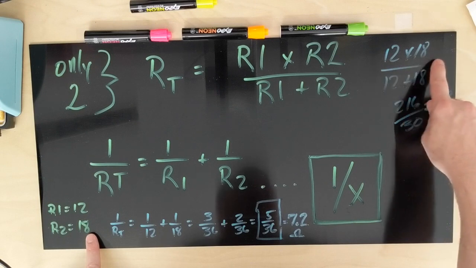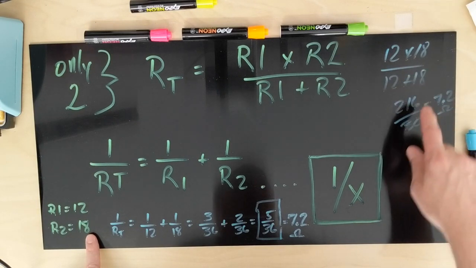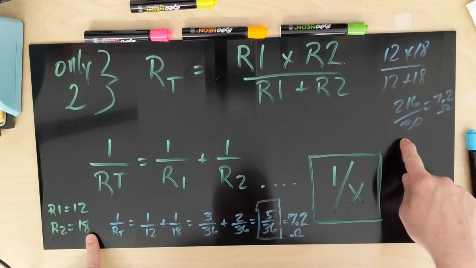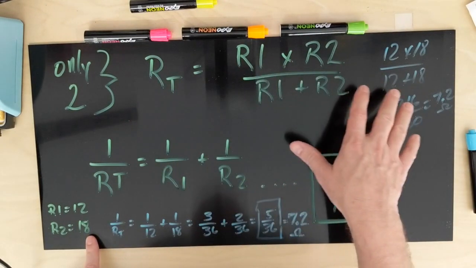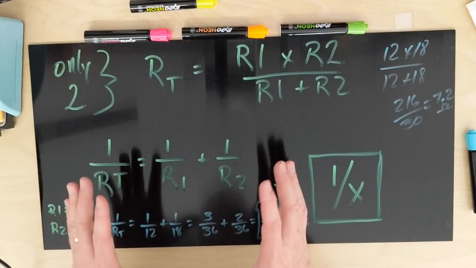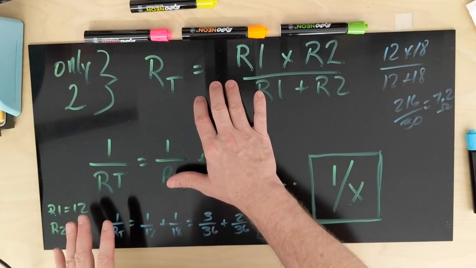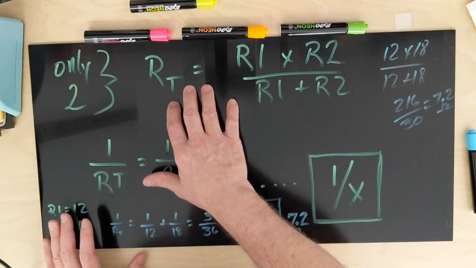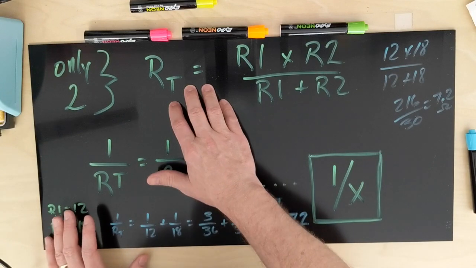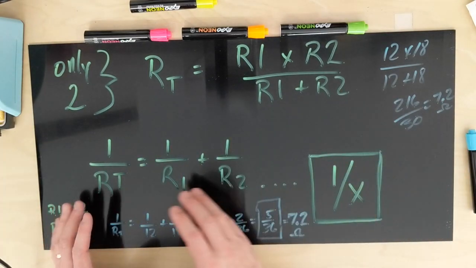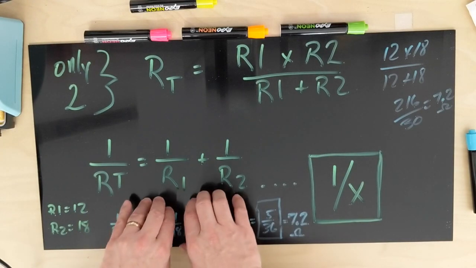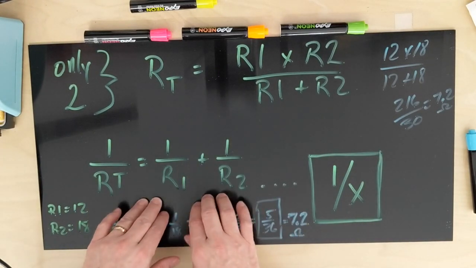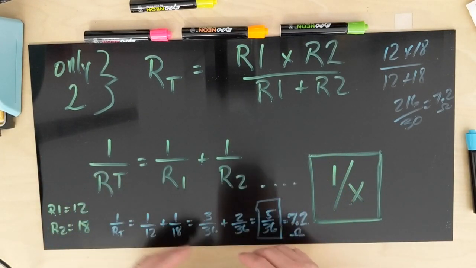We would just do 12 times 18 over 12 plus 18, which gives us 216 over 30, equals 7.2 ohms. And the reason I didn't go with that to start with is I had two in that example, and I didn't want it to seem like that's the only way to do it. Because if you had three or more in parallel, then you would have to use the other one. So I just typically always use that one because it works for all of them.